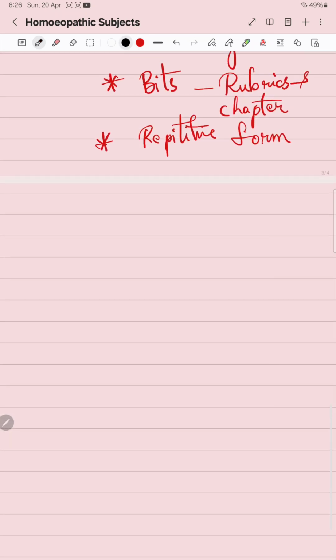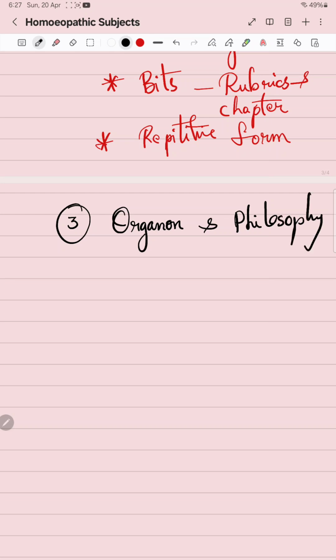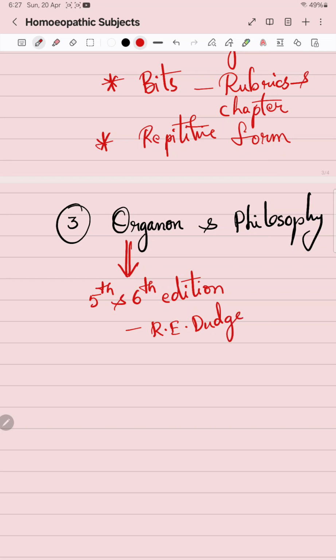Coming to third, organon and philosophy. First, organon. You have no choice, you have to study the 5th and 6th edition by R.E. Dudgeon from start to end.